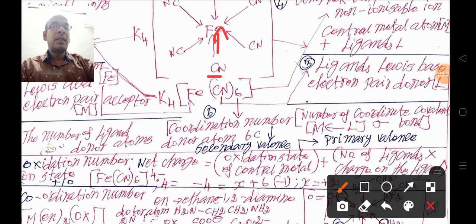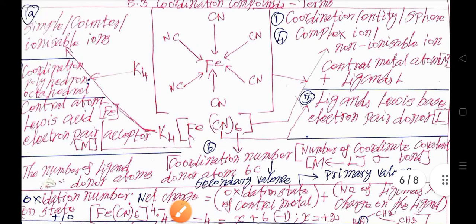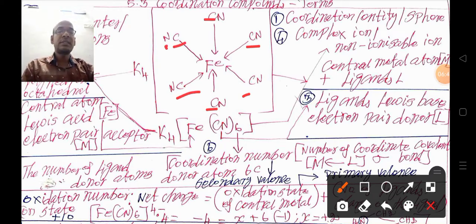The number of donor atoms is 6, 6 carbon or 6 donor atoms. Therefore, the coordination number is nothing but the number of donor atoms. 6 carbon, therefore coordination number is 6.